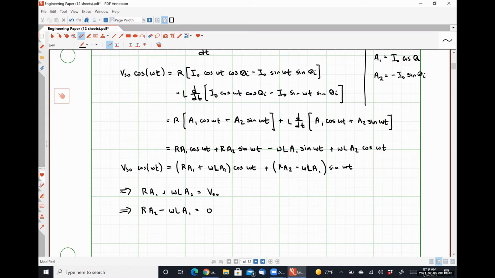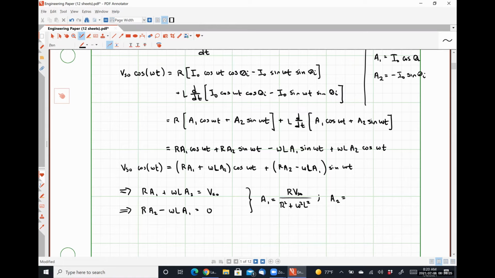All right, so I have two equations with two unknowns. And so I can solve this system to determine what A1 and A2 are in terms of Vs naught, R, omega, and L. When I solve these, what I find is that A1 is equal to R times Vs naught divided by R squared plus omega squared L squared.